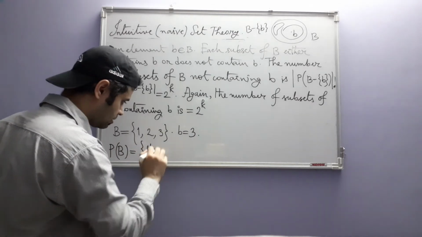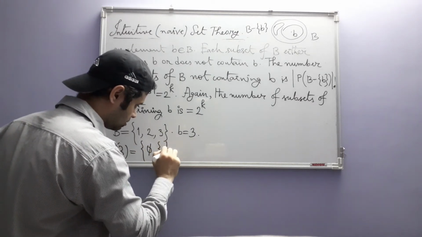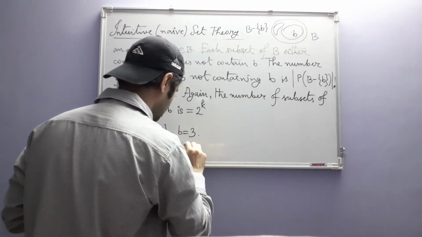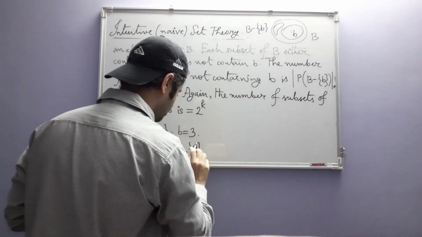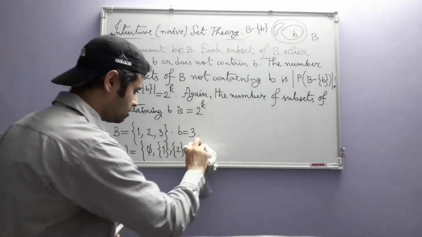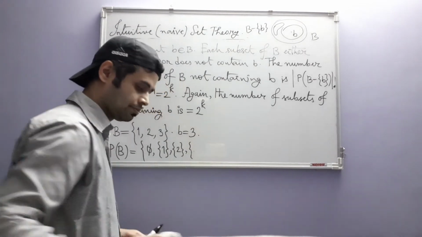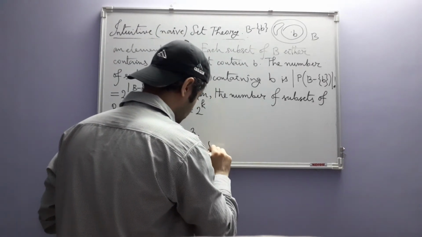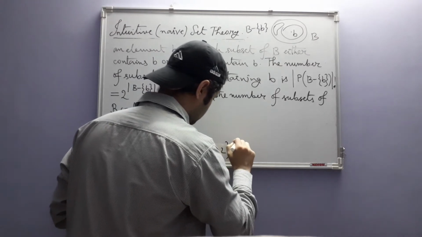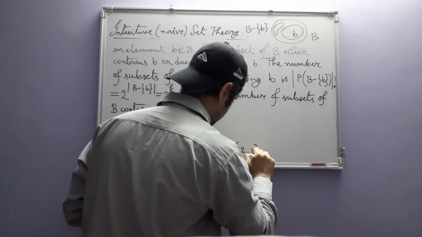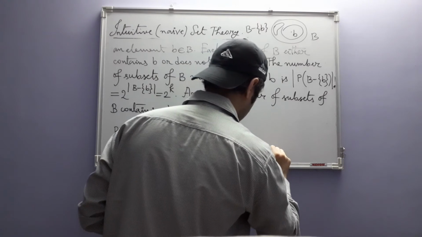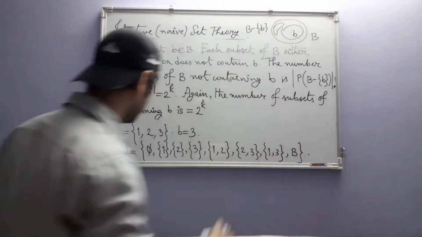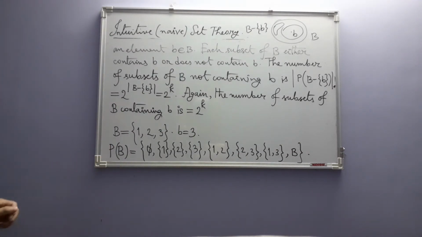The empty set, the singletons. In fact, we calculated this one. If you recall, while introducing power sets, we took this very example. This is the power set of B.